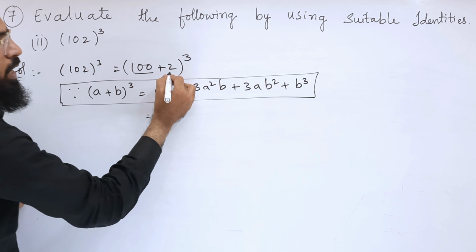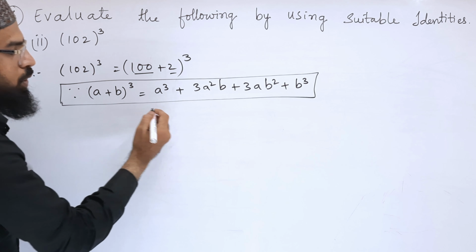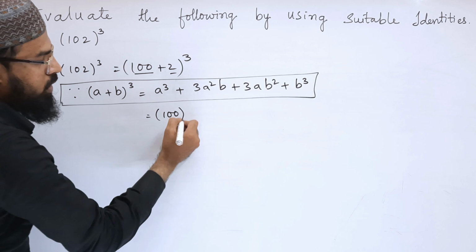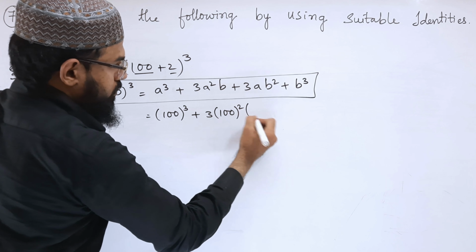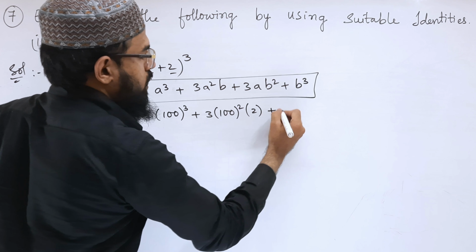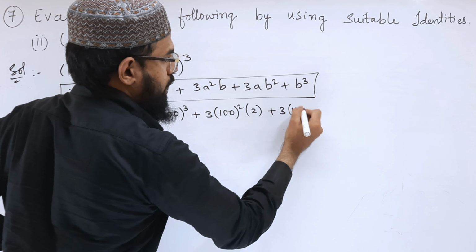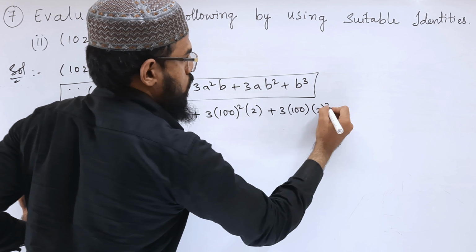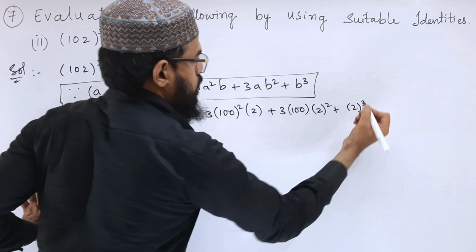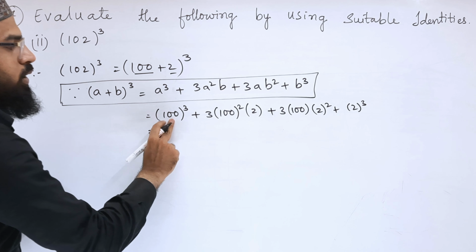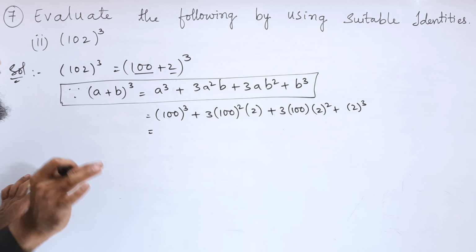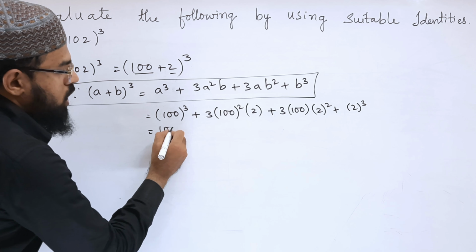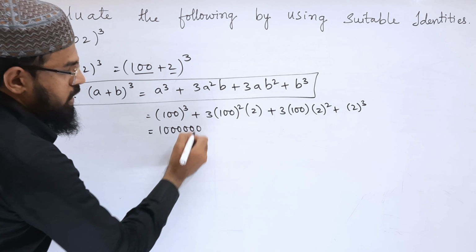A is 100 and b is 2. Let us substitute that. 100 cube plus 3 times 100 square times 2 plus 3 times 100 times 2 square plus 2 cube. There are 2 zeros, so 2 threes are 6, so we will get 6 zeros, 1, 2, 3, 4, 5, 6.